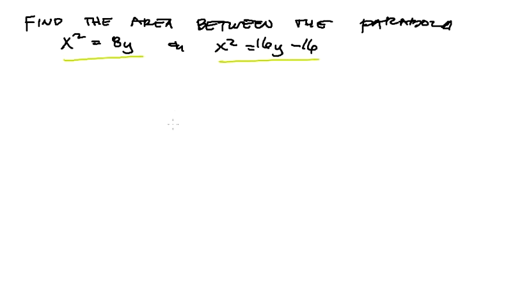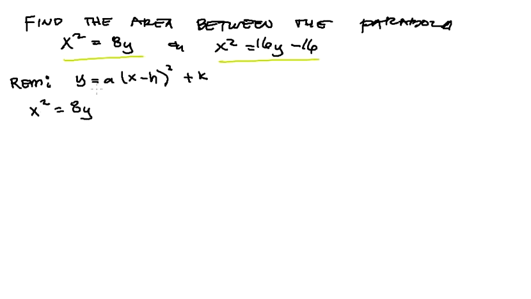So first, let's find the vertex of these two parabolas. We have x squared is equal to 8y, but remember that the vertex form of our parabola is y is equal to a times (x minus some constant h) squared plus k. So we need to transform this into that form.